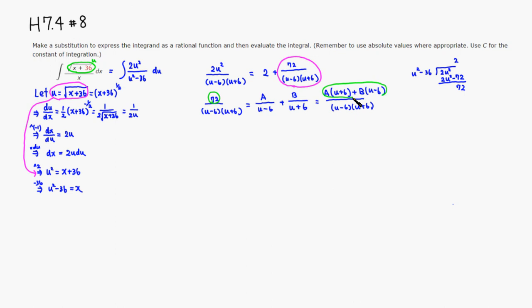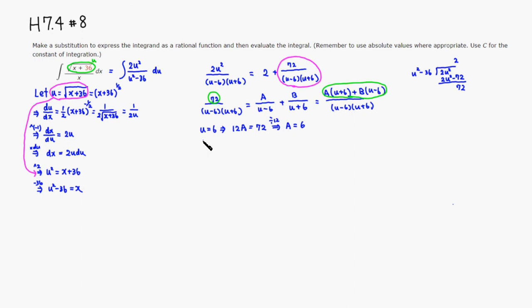We need to make sure that the numerators match up. If we want to find A, we want B to disappear, so let u equal 6. Then 6 plus 6 is 12A, and this is equal to 72. Divide through by 12 to get A equal to 6.